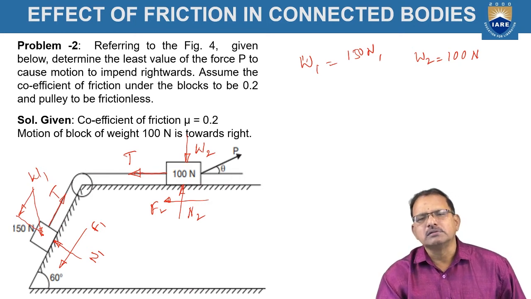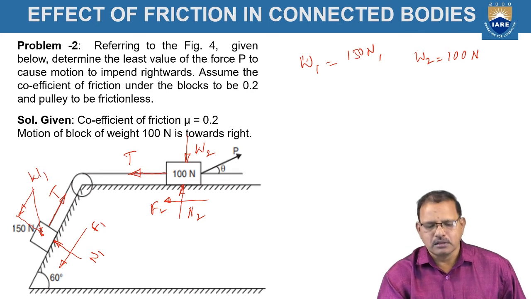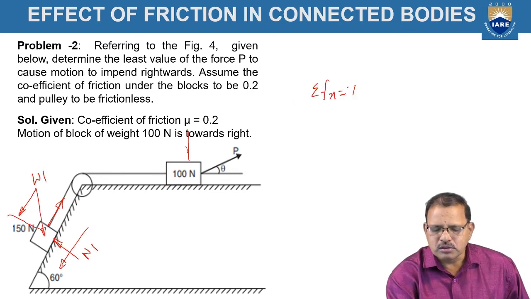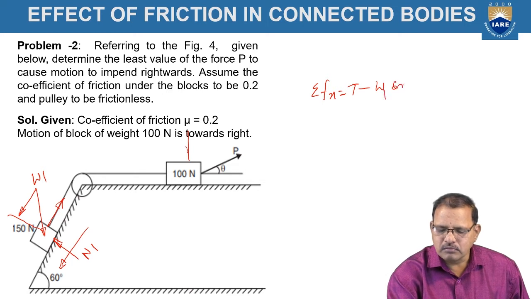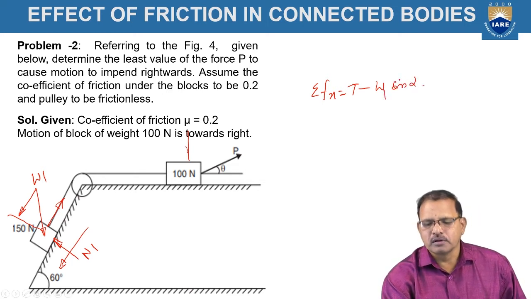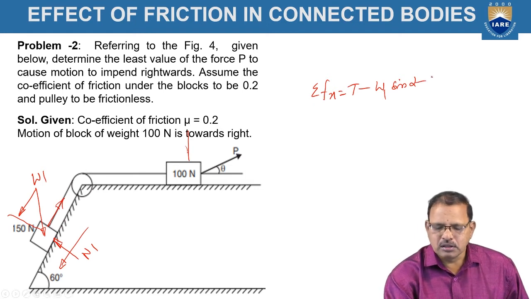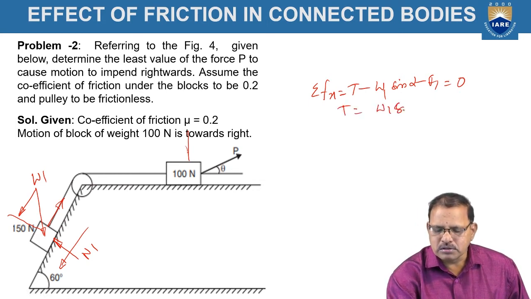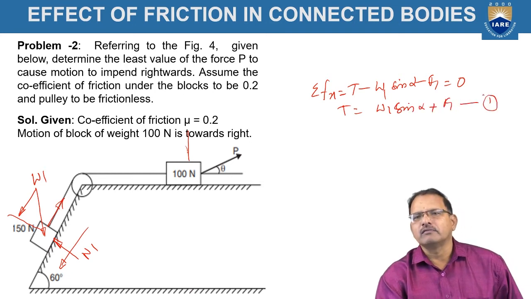When resolving the forces parallel to the plane, T is positive in the upward direction, minus W1 sin alpha in the downward direction, minus frictional force F1 in the downward direction, and it should be equal to 0. That means T is equal to W1 sin alpha plus F1. Assume this is equation number 1.